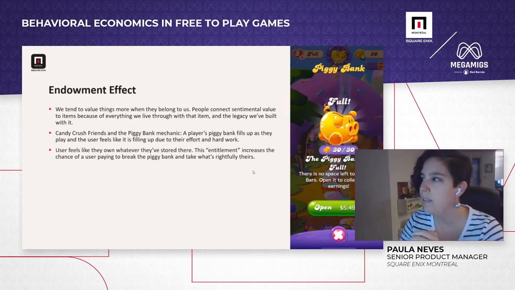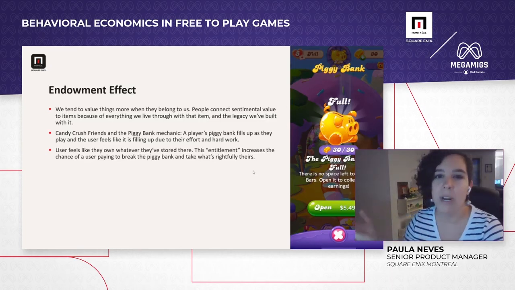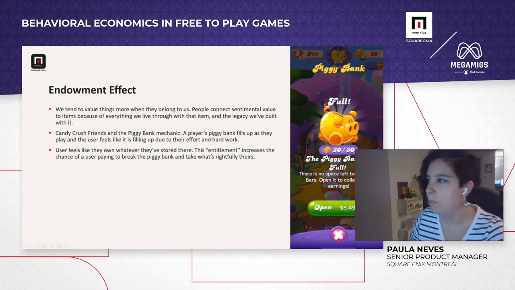And you feel that you have filled it up, right? It's your effort and hard work that has filled up that piggy bank. So you feel like you own whatever's stored there. So this entitlement increases the chance of the user paying to get that piggy bank because it's rightfully theirs. They put the effort into making it full, right?